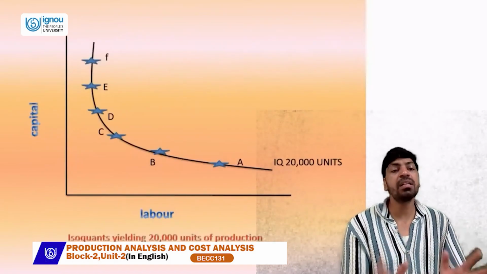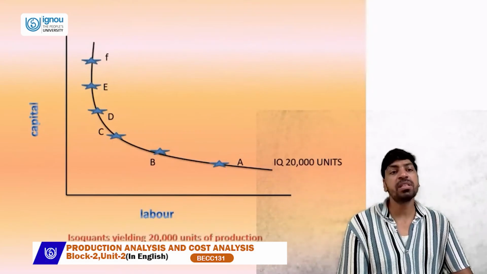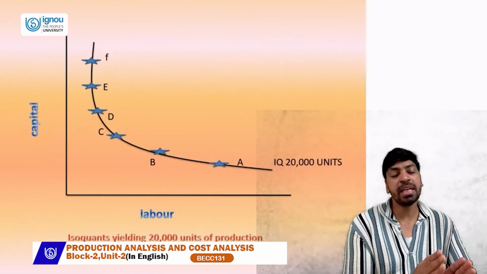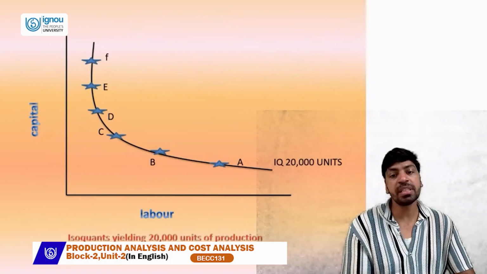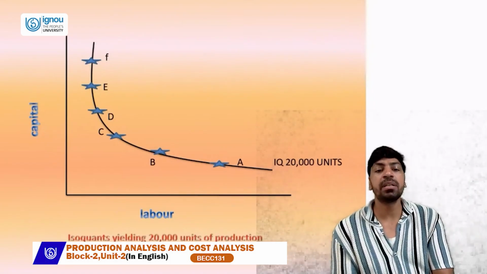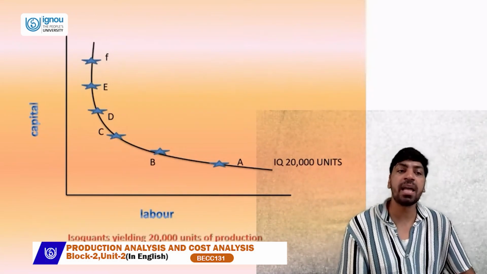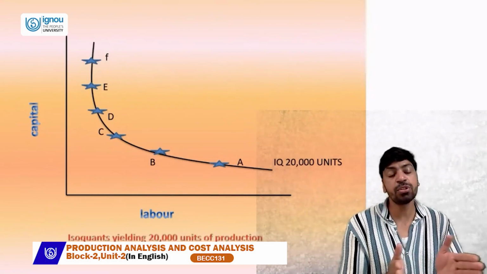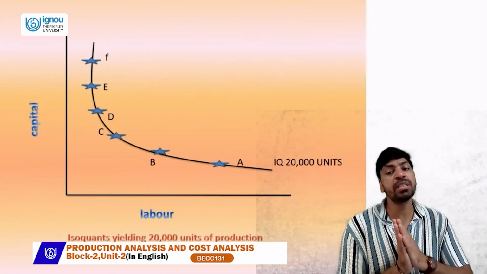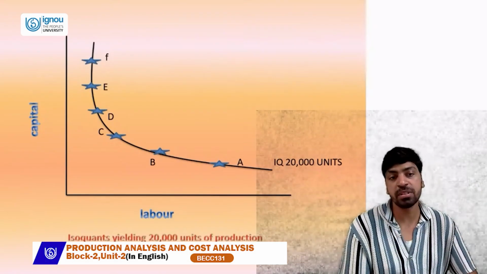This is a graphical representation. If you see the isoquant curve, it is almost at an increasing level to constant, and then falling, as the number of labors increases and the amount of capital increases. Both should be combined to produce the same level of output, that is 20,000 units.